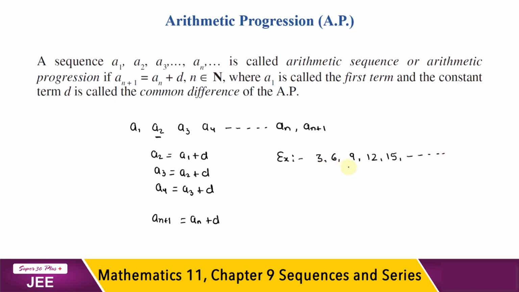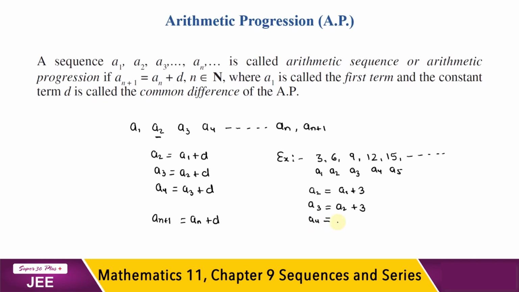If this sequence is to be tested whether it is an AP or not, suppose this is a1, this is a2, this is a3, this is a4, a5 and so on. So we can see that a2 is a1 plus 3. If I add 3 to this number, I get the second term. Also a3 is a2 plus 3. If I add 3 to 6, we get 9.